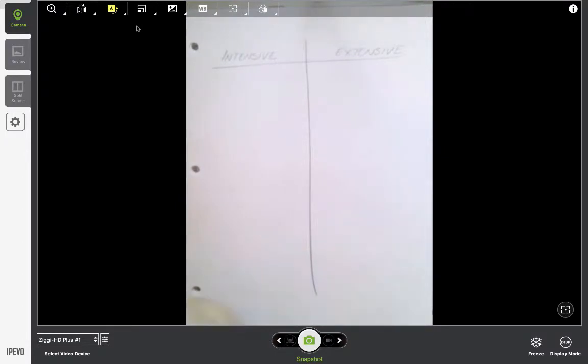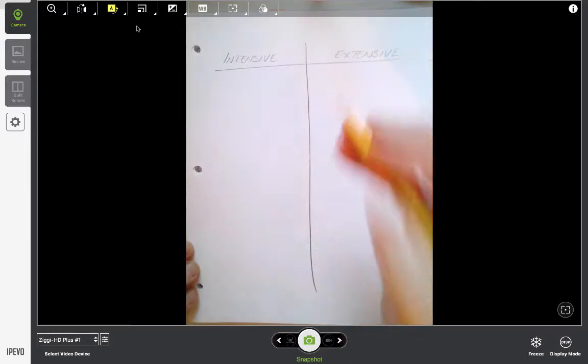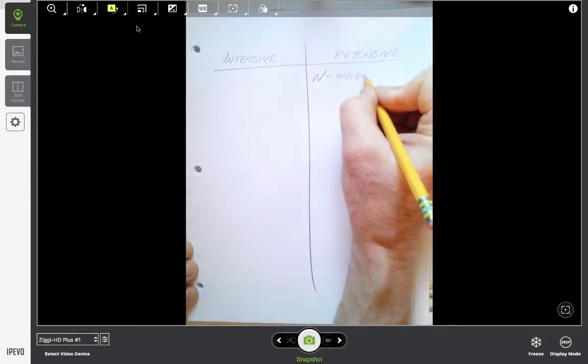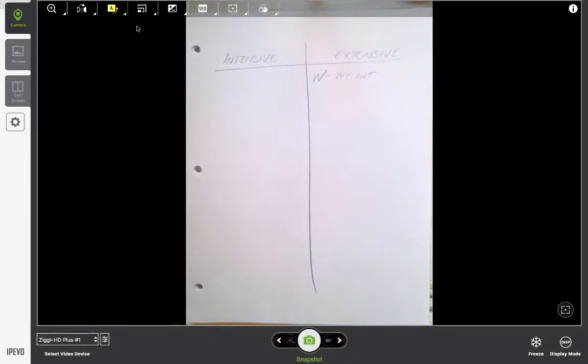That are common. Okay, consider the weight of an object. The weight is an extensive property because it has to be referenced with regards to the entire system. A human being has a certain weight.